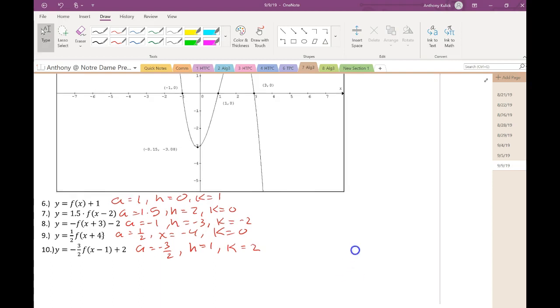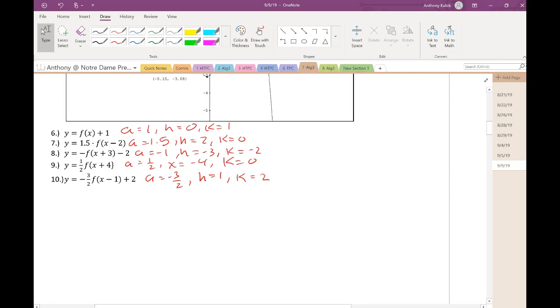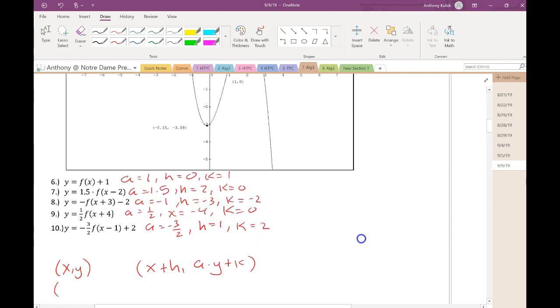So what I'm going to do then is use that transformation map idea to transform the coordinates for each of these problems. So I'm going to copy down the points that are given to me in the graph.